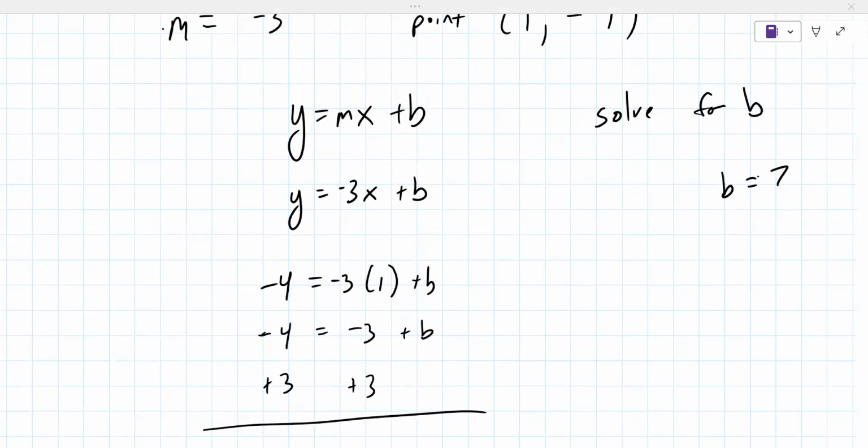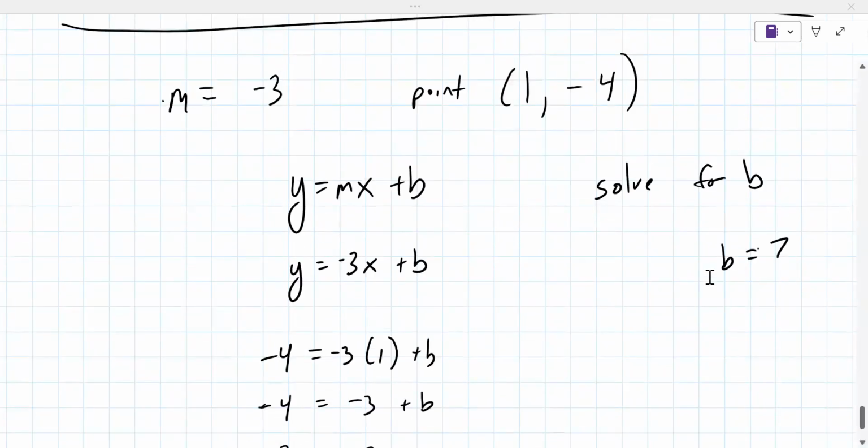I thought I could put a different number. You can't though. You have to use the numbers that are given. You can't use just any numbers. Okay.